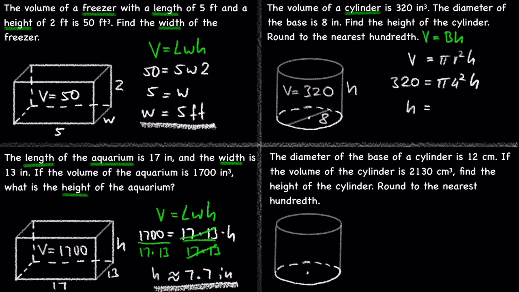The height is 320 divided by 16 pi, which is 6.366 and so on. So the height is approximately 6.37 inches.